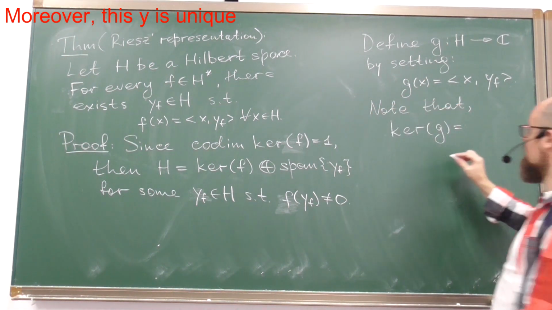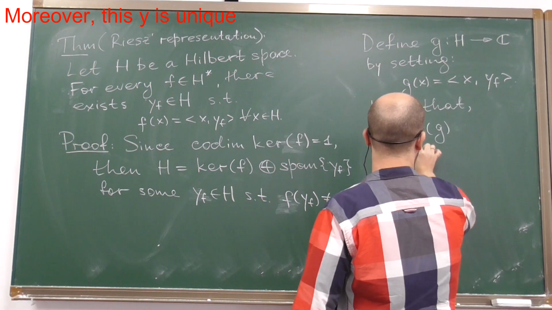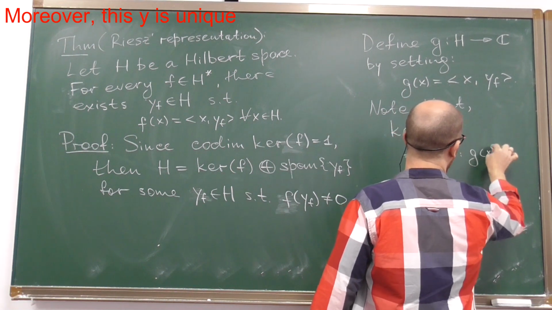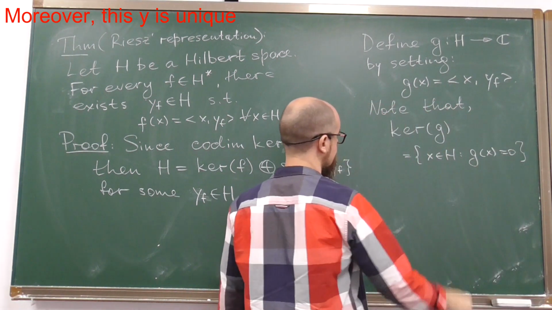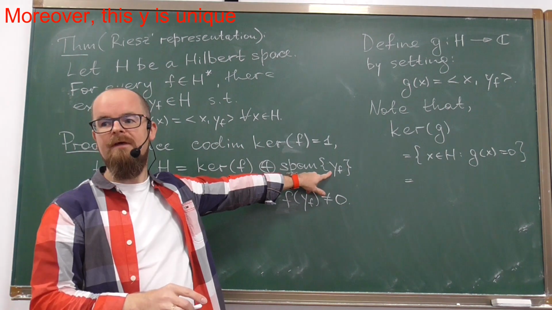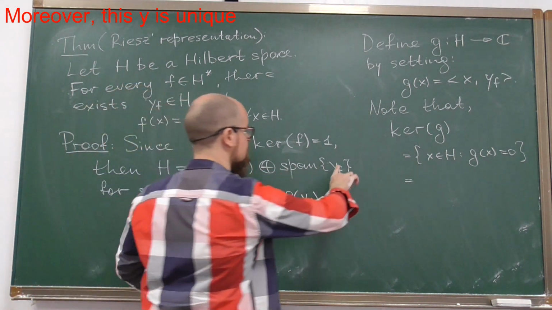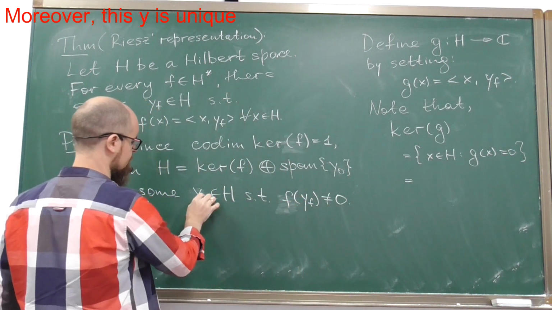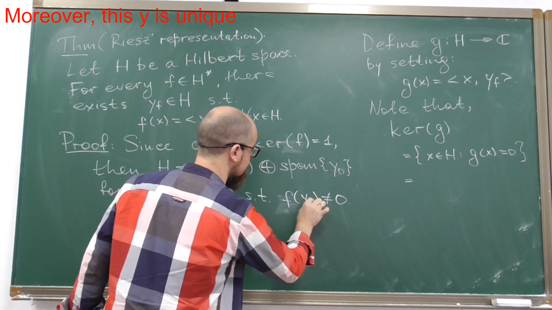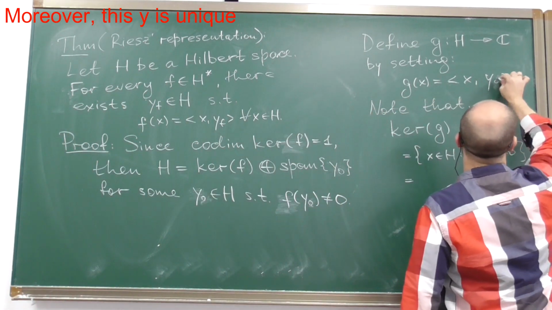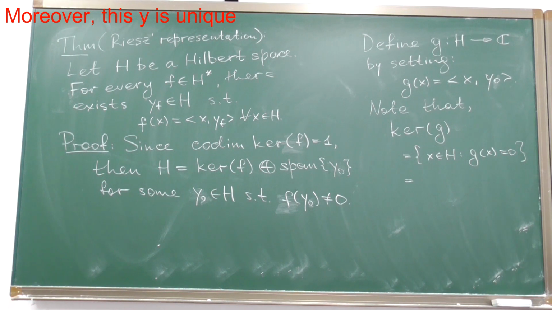By definition of the kernel, we want all x's from H such that g of x is 0. I was a bit too quick writing y sub f here. Let's go for y0, just y0. It's close to the y sub f which we're looking for, but it's not it. Sorry about this. So we're changing y f to y sub 0.